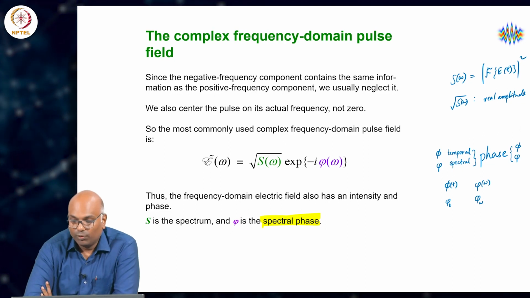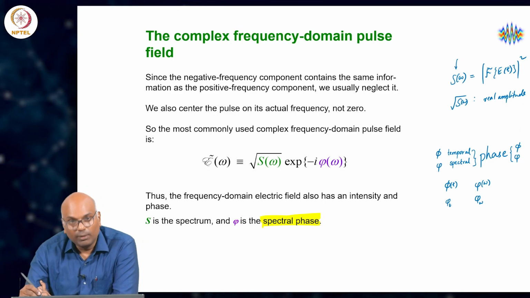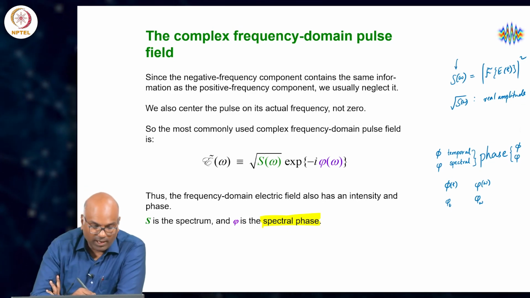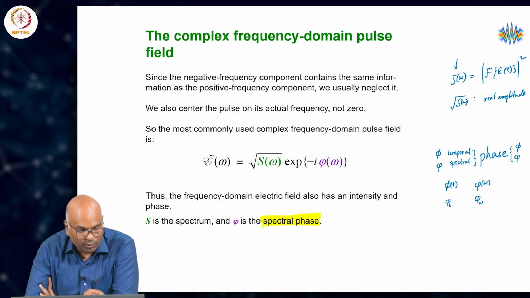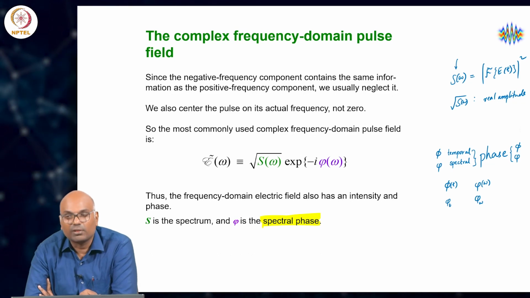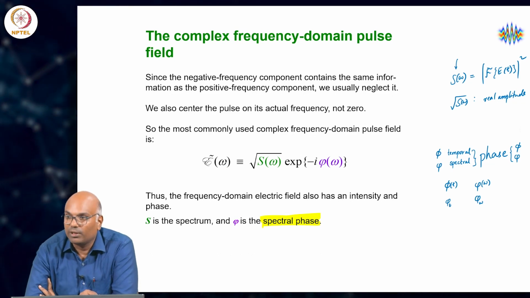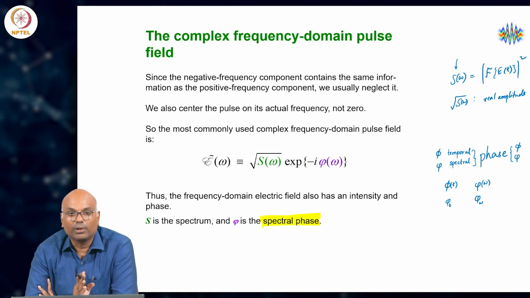Albeit, if you do measure the spectrum S of omega, you will only be measuring something related to the amplitude of the electric field in its complex frequency domain description. We wouldn't be measuring the spectral phase. But here is the point.